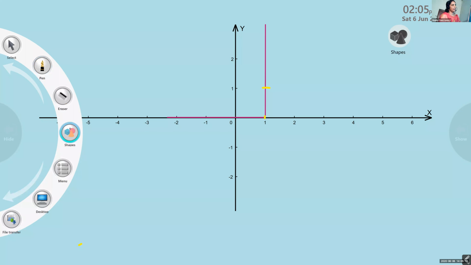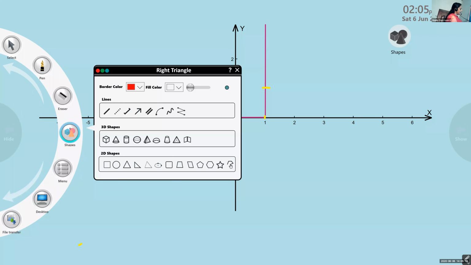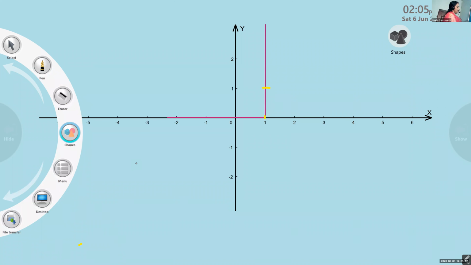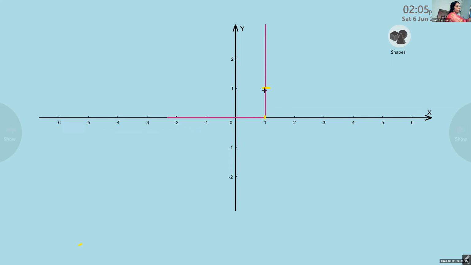I'm selecting shapes, right angle triangle. At this particular point, I am drawing a right angle triangle like this. Sorry, we selected blue, and on this background we selected red.